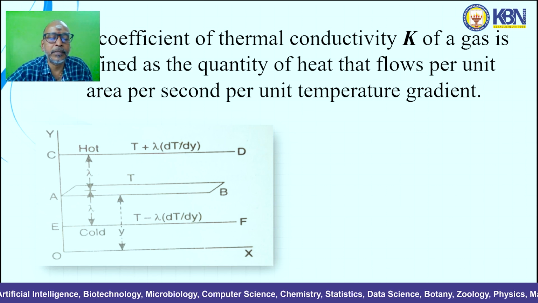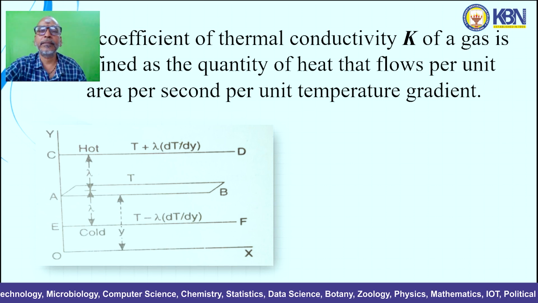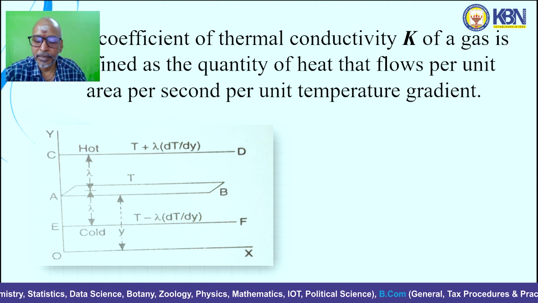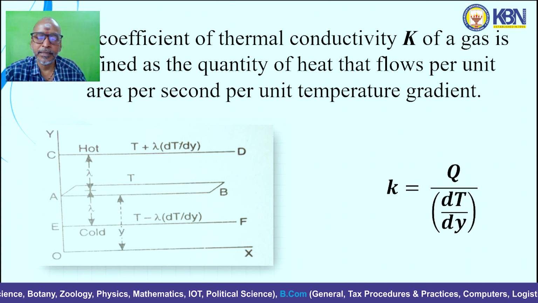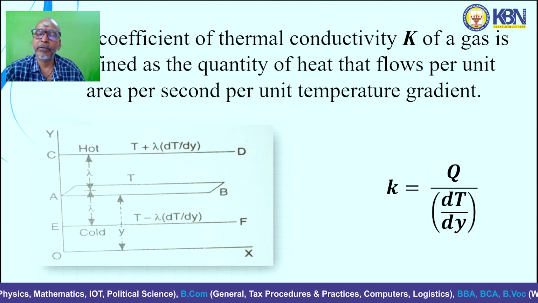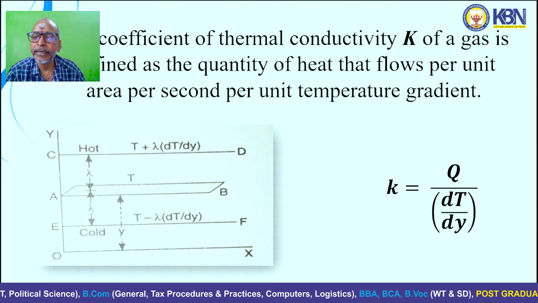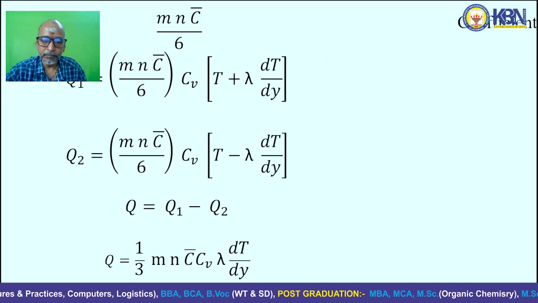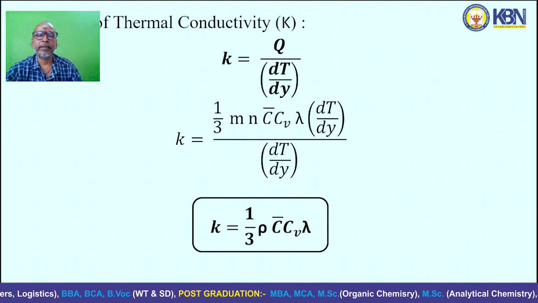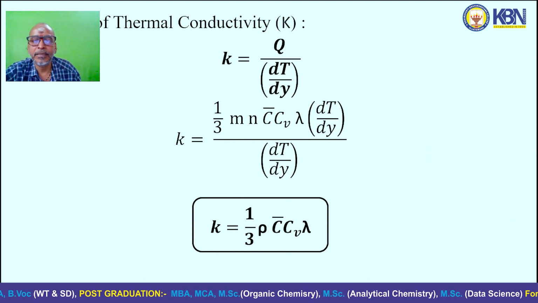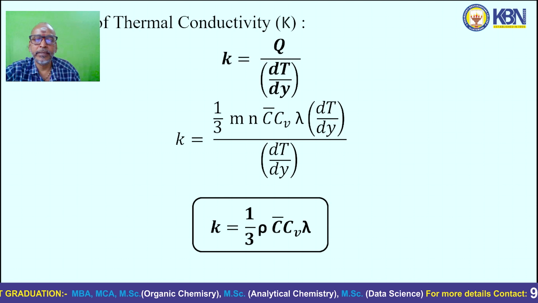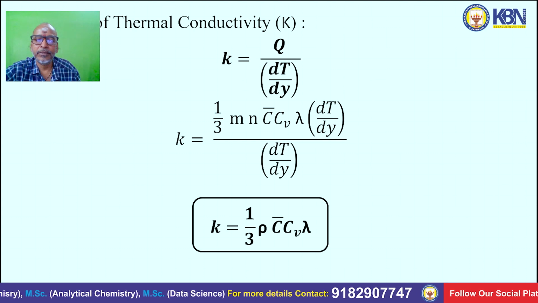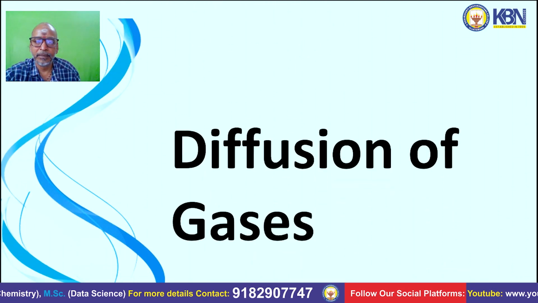The energy transported per unit area per unit temperature gradient is called thermal conductivity, denoted by the symbol K, and mathematically it is given by Q by dT by dy, where dT by dy is the temperature gradient. The conductivity K equals 1/3 rho C bar Cv lambda, where rho is the density, C bar is the average speed, Cv is the specific heat at constant volume, and lambda is the mean free path.